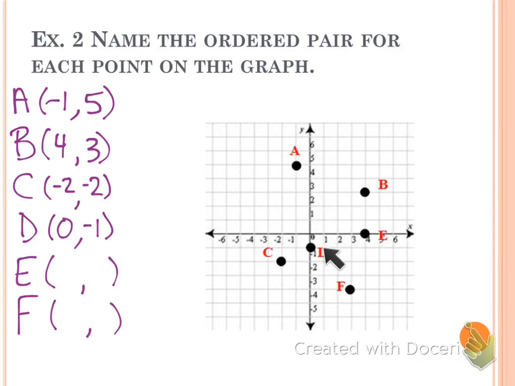And then we had to go down 1 to get there. All right, what about point E? Tariana for the redemption? 4, 0. Beautiful. If it is on the x-axis, your y-coordinate will be 0. And lastly, we have point F. Danielle?